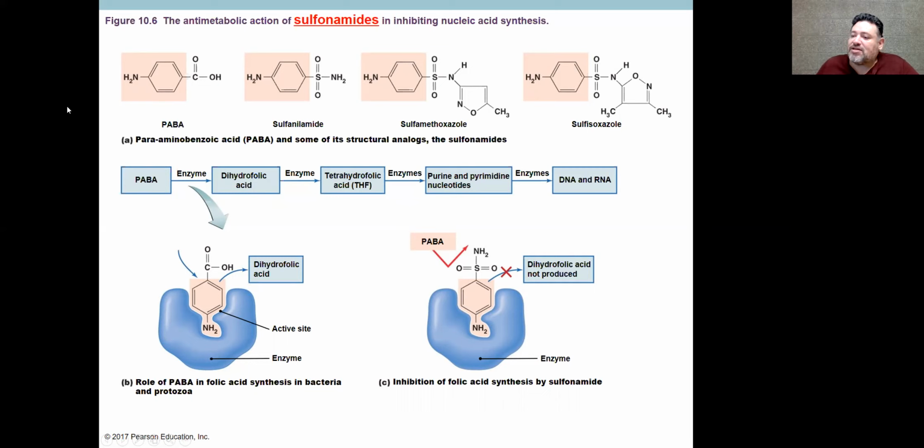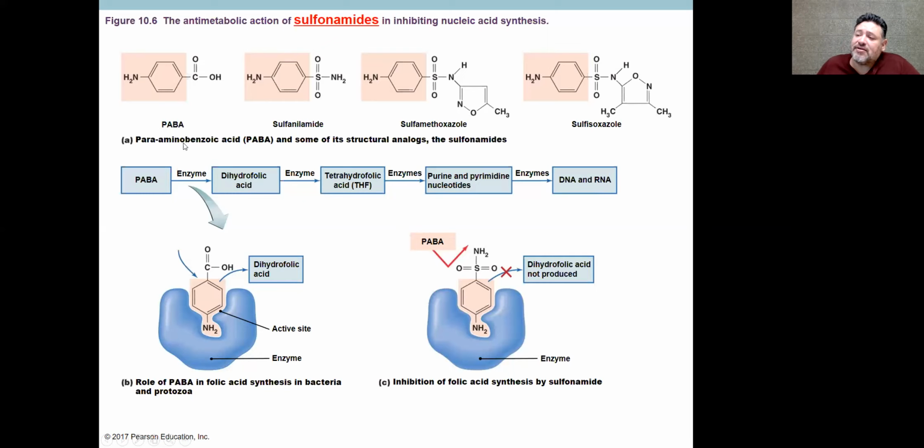Okay, which enzyme are we affecting? The very first one. This is arresting the entire metabolic pathway. If you shut down this enzyme, nothing downstream is going to be synthesized, including DNA and RNA. That's a good way to stop a microorganism.